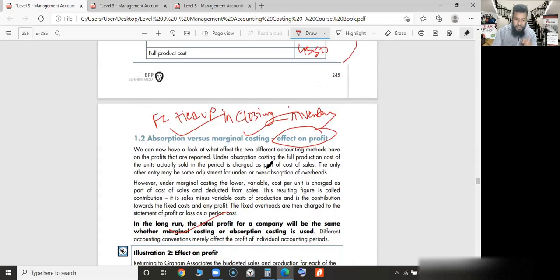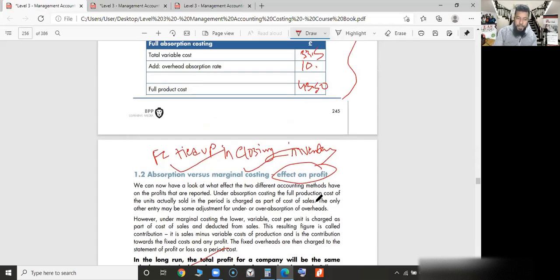Okay, before I start this illustration, this is a long illustration, write it down. If the closing inventory goes up, an increase, a plus, AC profit goes up. Absorption costing profit will be higher. If your closing inventory is higher, absorption costing profit is higher.